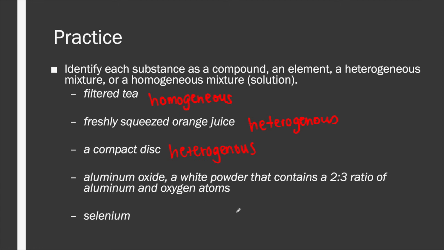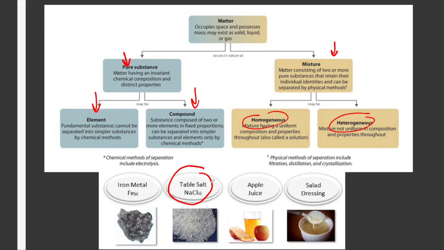Aluminum oxide, which is a white powder that contains a 2-to-3 ratio of aluminum and oxygen atoms. So, to me, this looks like a pure compound because it tells you that it contains these atoms, and a compound we talked about is a pure substance. Right? Look over here.